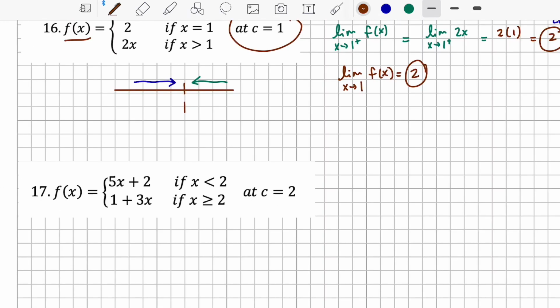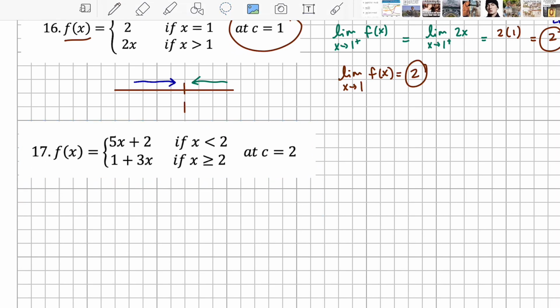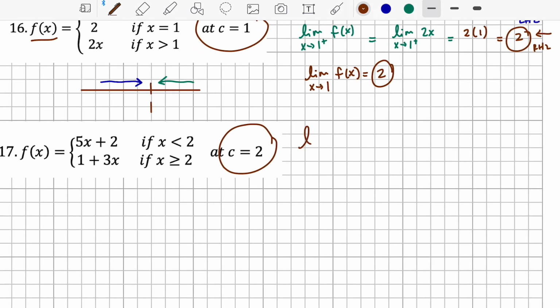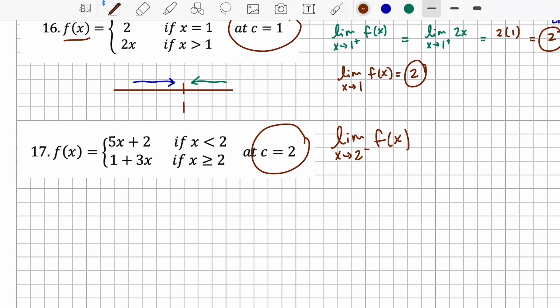Okay, last one. Let me just move this up a little bit. Okay, this time the target, our c, is 2. So we want to find limit as x approaches 2 from the left of f of x. We're approaching 2.